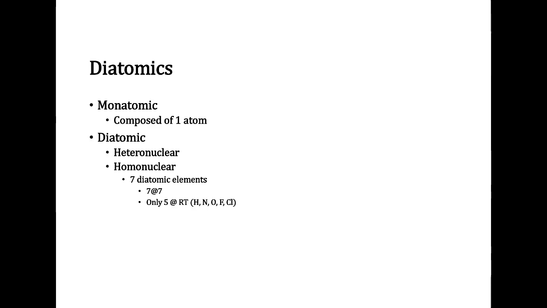And there's an easy trick for remembering them. If we start at element 7 on our periodic table and make the number 7, so we go nitrogen, oxygen, fluorine, and then we go all the way down: nitrogen, oxygen, fluorine, chlorine, bromine, iodine, plus hydrogen.